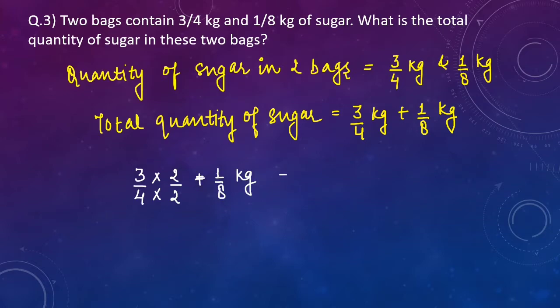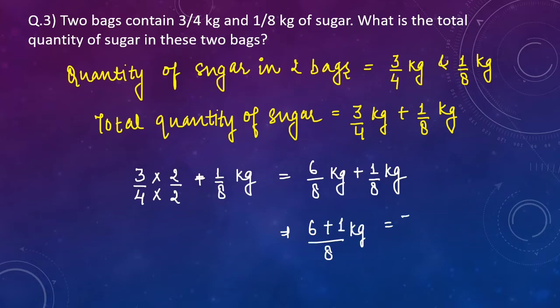It will be equals to 6/8 kg plus 1/8 kg. That means 6 plus 1 upon 8 kg, which is equals to 7/8 kg. So total quantity of sugar is equals to 7/8 kg.